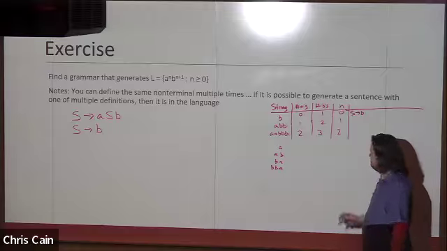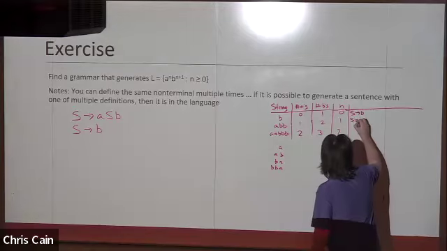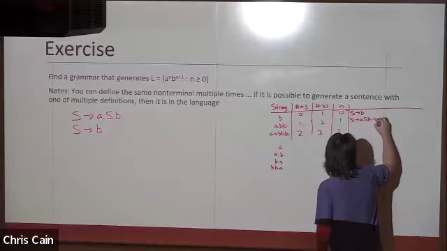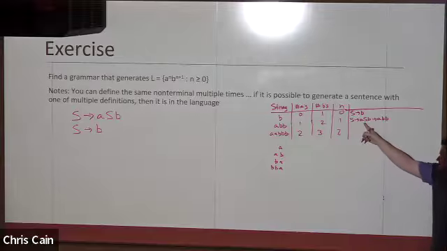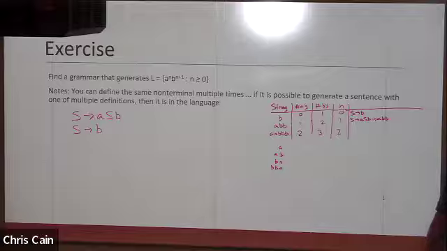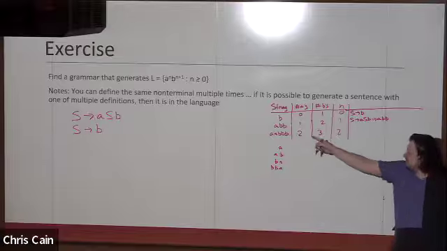S arrow ASB, and then S arrow B. So this S becomes ASB, this S becomes the B, and that produces the string that was at the beginning.